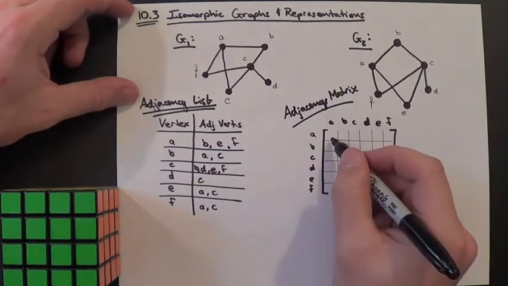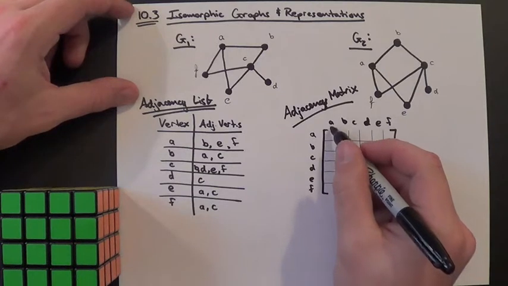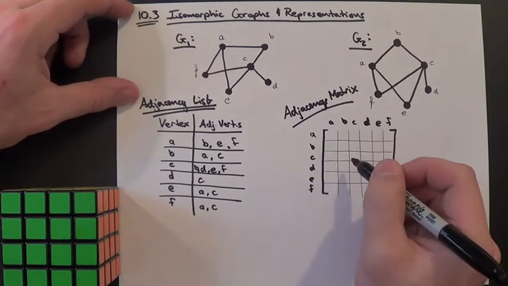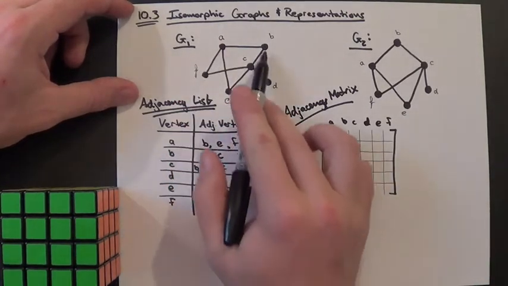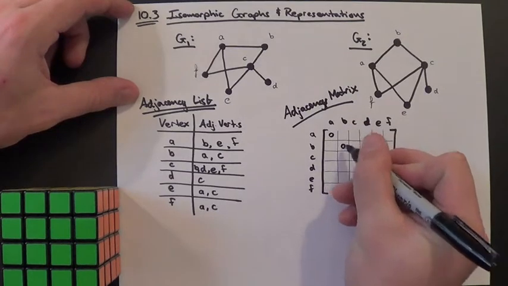So we'll put a 1 here if we can go to A from A. In other words, there has to be a loop in order to put a 1 in this entire diagonal. Since there are no loops in our graph G1, the entire diagonal is going to be filled with zeros.